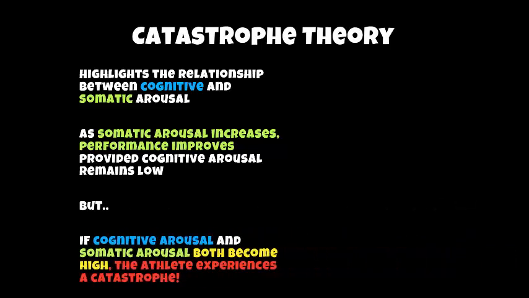But if cognitive arousal, your mental and psychological arousal, and somatic arousal, your physical arousal, both become high, the athlete will experience what we call catastrophe, or a crash effect, and their performance will reduce.